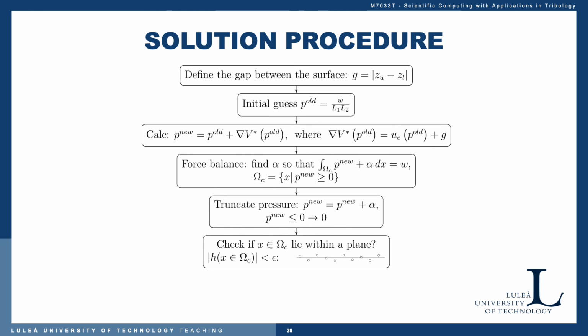It could be the maximum distance found all over the contact zone to a plane, or it could be an average distance if you like. But if you take the maximum, you really obtain a very precise result for the complementary potential energy, and of course this tolerance epsilon must be calibrated to your system at hand.